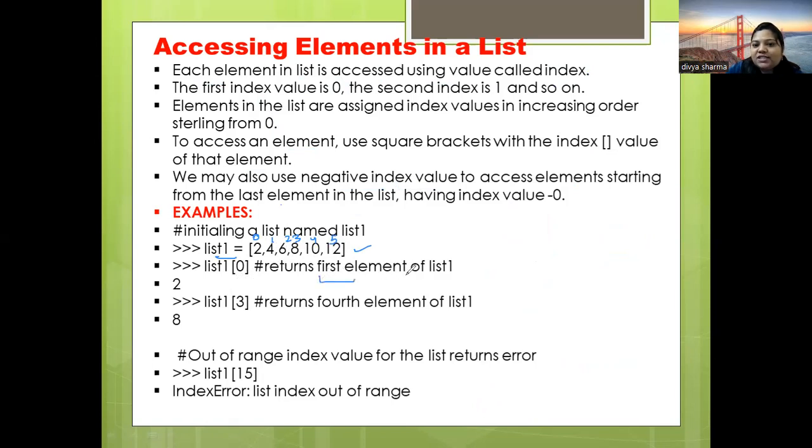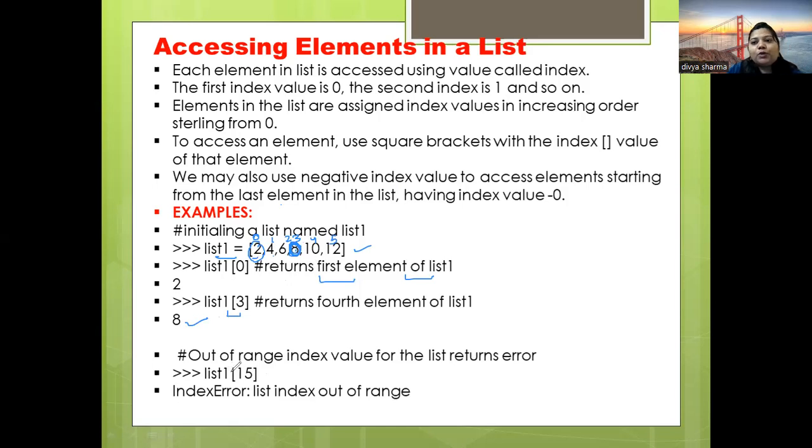It returns the first element of list 1, so the right answer would be 2. List 1 at 3 is going to display the fourth element, which means 0, 1, 2, 3. So at index value 3 the element is 8. So the right answer would be 8.